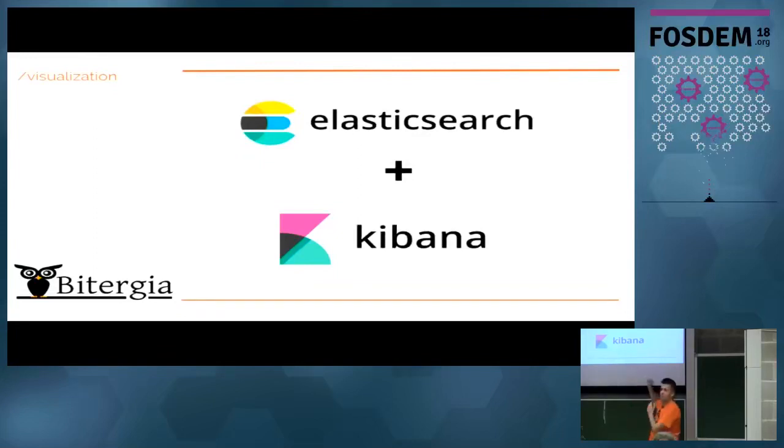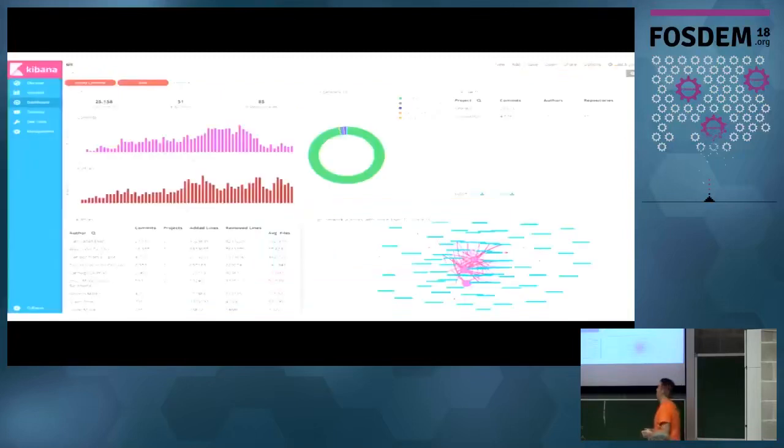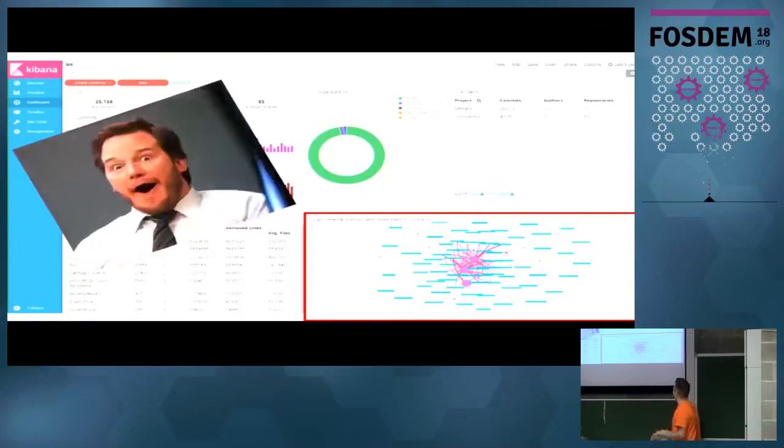Again, it's a soft fork of Kibana. Well, how many of you know Kibana? Okay, that's good. If you know Kibana, you know that this is the typical dashboard where you can have bar charts, pie charts, tables, line charts, but what's this? Well, it's a network inside Kibana, a network visualization.